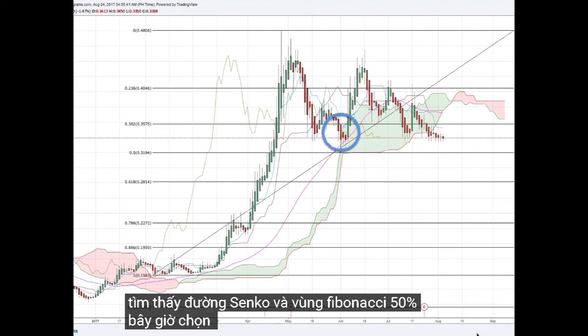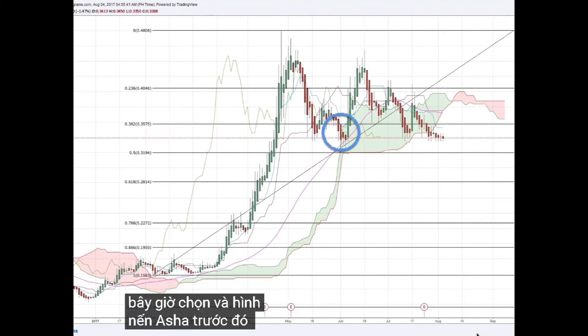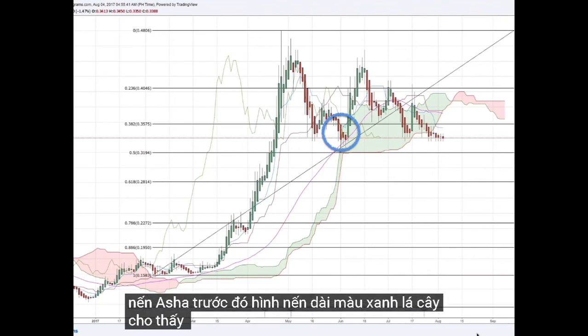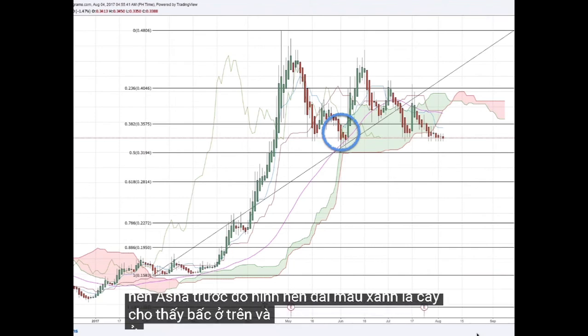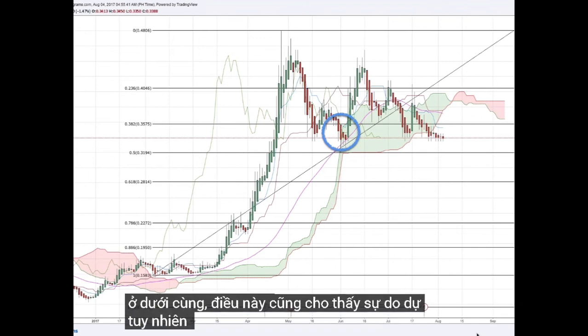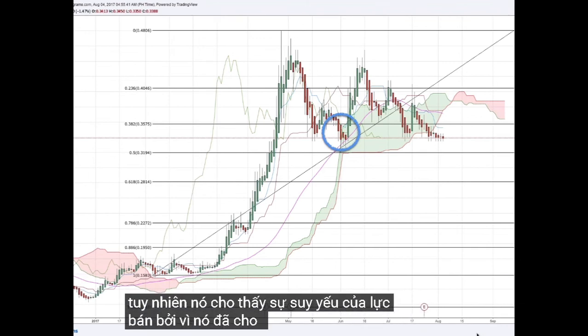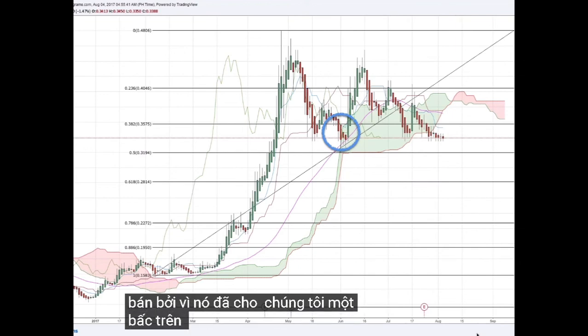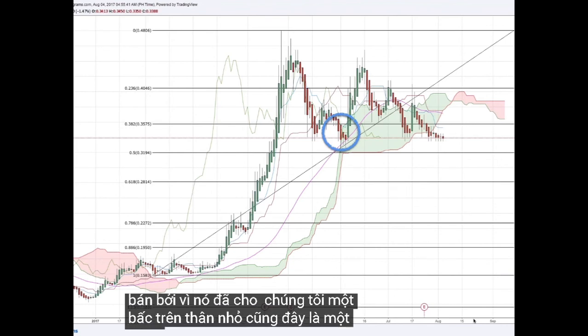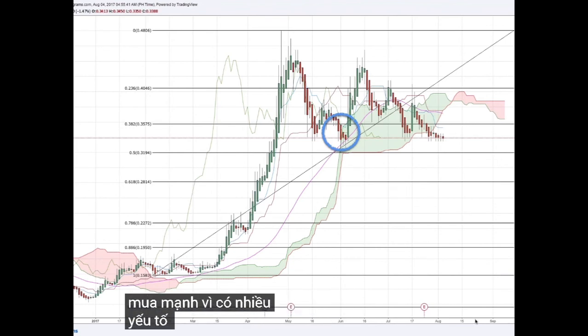Now the Heikin-Ashi candlestick before that long green candlestick showed wicks on top and at the bottom. This also shows indecision. However, it shows a weakening of the selling because it already gave us a wick above the small body. Also, this is a strong buy because there are many supporting elements at its bounce.